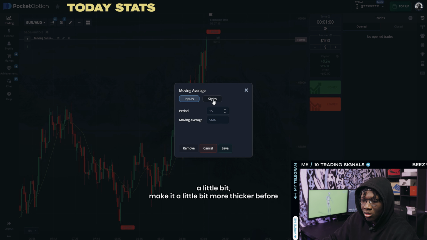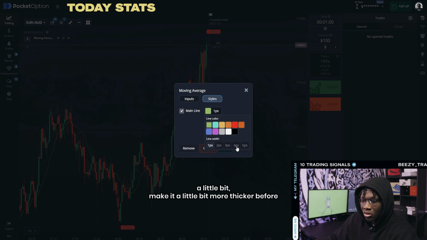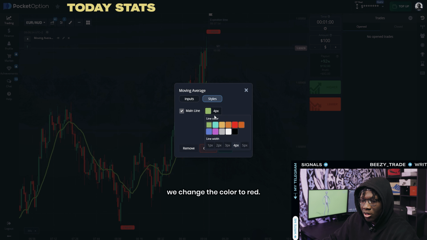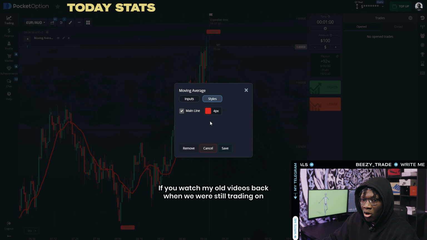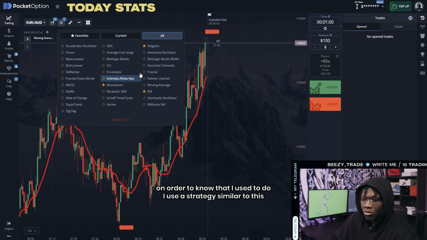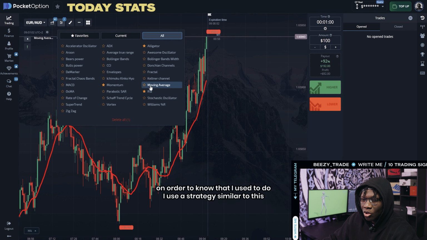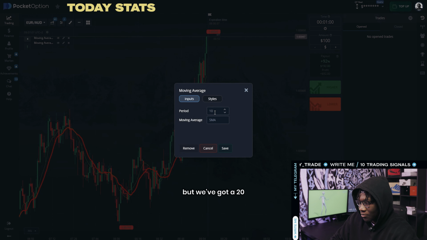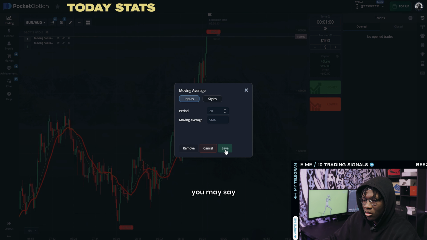We'll change the styles a little bit, make it thicker, 4, and change the color to red. If you watched my older videos back when we were still trading on Codex, you would know that I used a strategy similar to this. We've got a 20 EMA, I think 25 EMA.